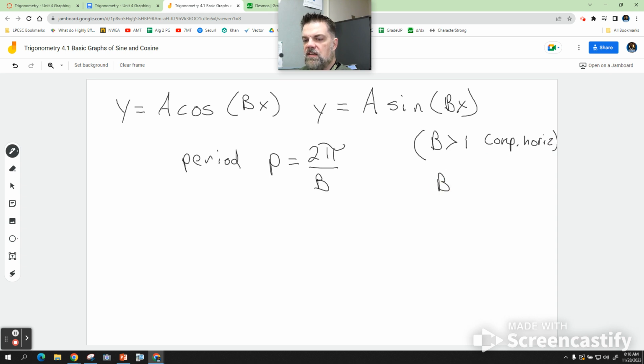If b is less than 1, no, wait, let me think. We got to do it like this. If 0 is less than b, in other words, if b is a fraction from 0 to 1, then it is stretched horizontally.